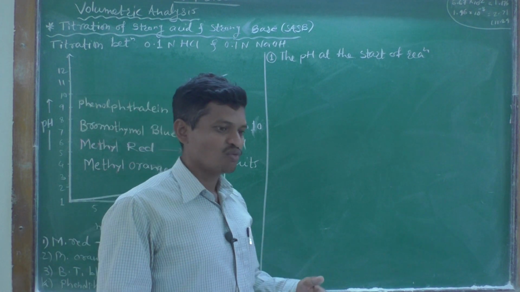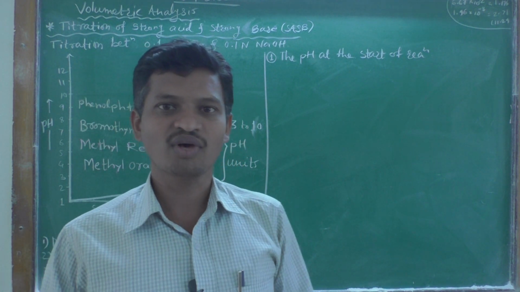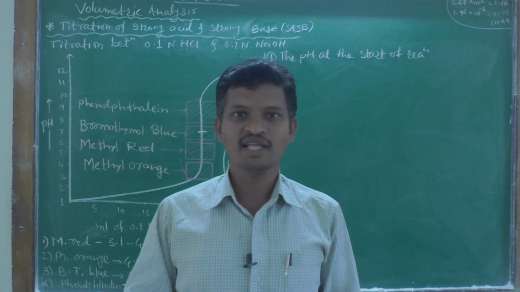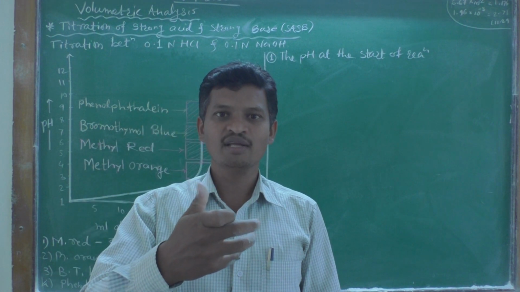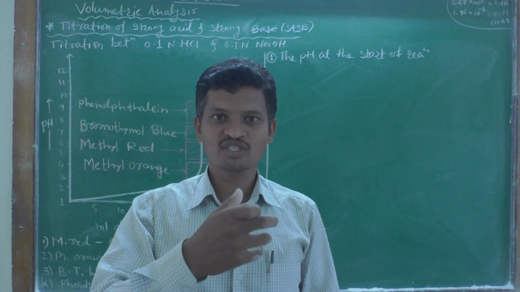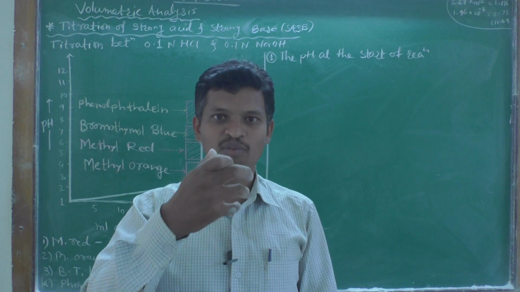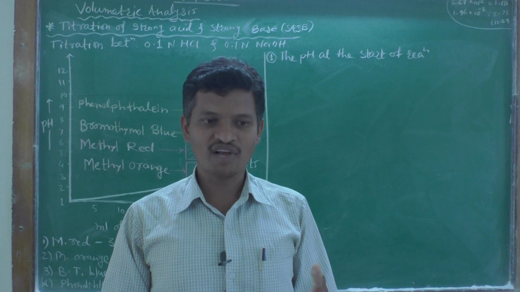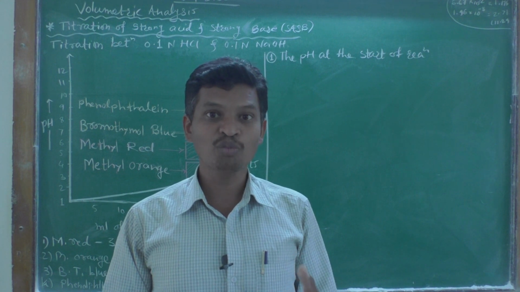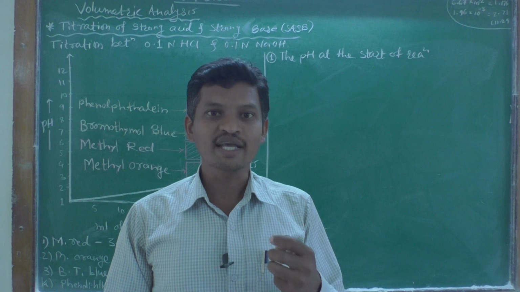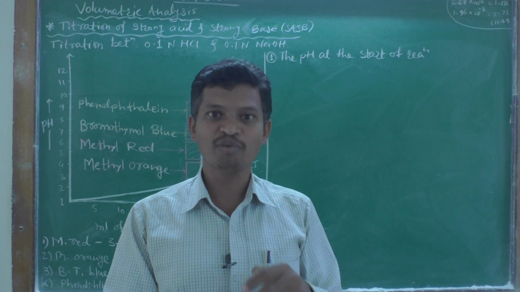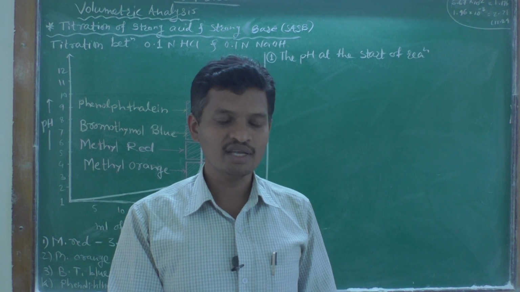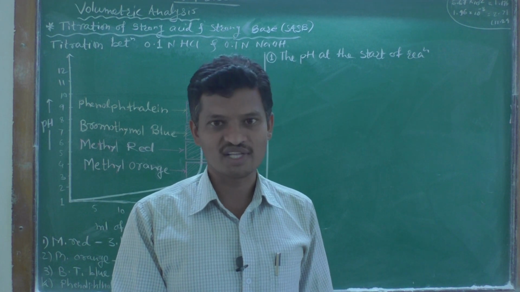Initially, before starting the titration, we have taken sodium hydroxide 0.1 normal, 25 ml NaOH solution in the burette, and in the conical flask we have taken 0.1 normal, 25 ml HCl solution by pipette. With the help of the pipette we have taken that HCl solution in the conical flask.